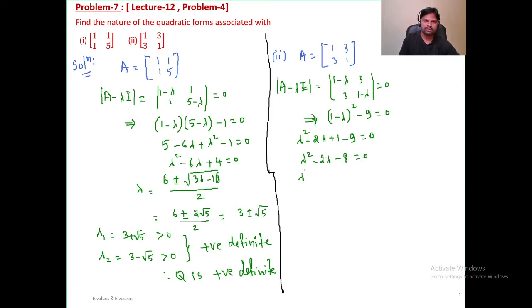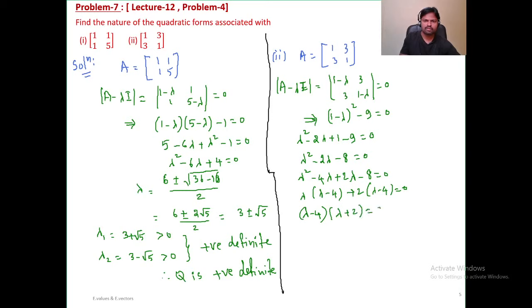I can write lambda squared minus 4 lambda plus 2 lambda minus 8 equal to 0. Lambda is common in the first two terms, lambda minus 4, and 2 is common in the last two, lambda minus 4. So overall it is (lambda minus 4) into (lambda plus 2).